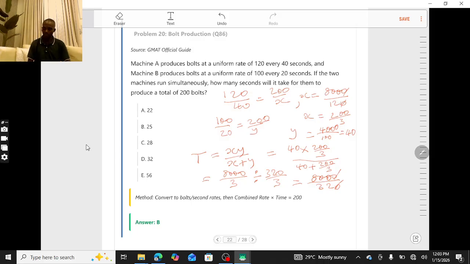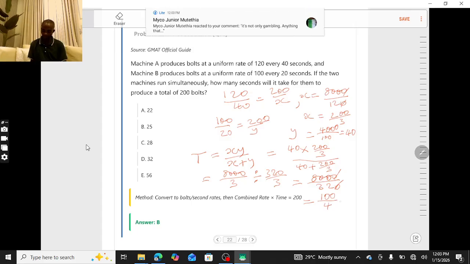This is a very friendly number, so maybe we can start with 4. 8 can also go, because 8 times 4 is 32. 8 in 32 is 4, and 8 in 800 is 100. So 100 over 4, which is 25.